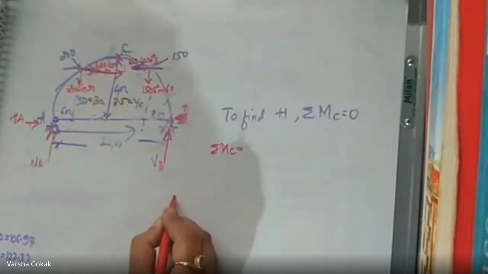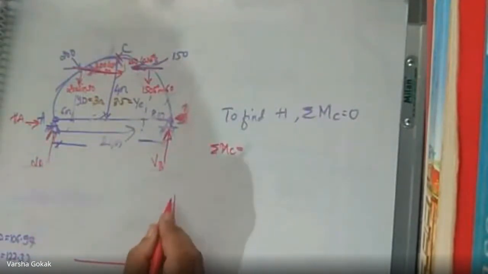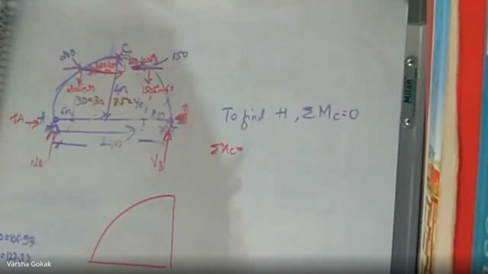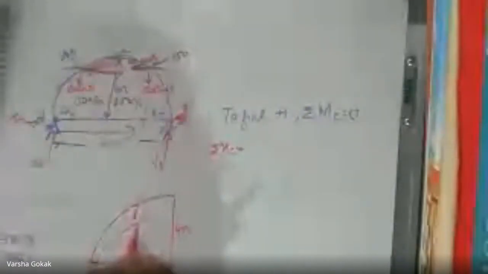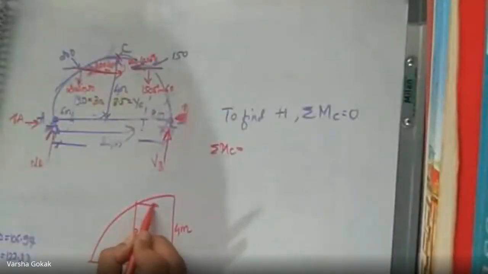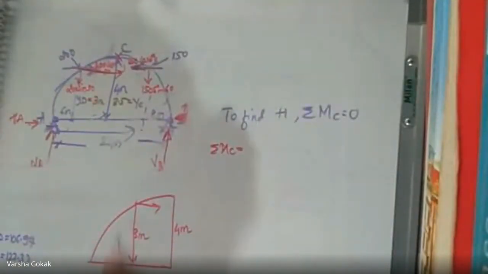Now see, I'll just draw the half of the section where I'm taking moment. This is your arch, correct? So this total height is 4 meters. And at this point, your height is 3 meters, right? Here you have a force like this, and there's another force like this. And then there is here VA, which is 106.97. You can take it 107 directly.